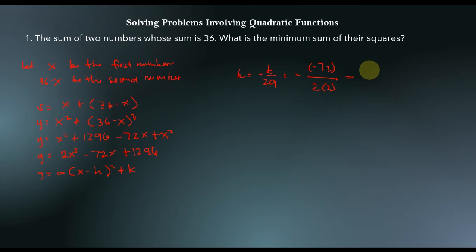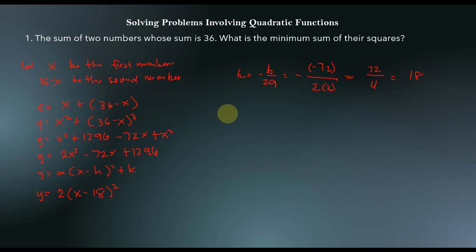So 72 over 4, dividing 72 by 4, you'll get 18. So there you go, we have 18 for h, and the value of a is 2, so y equals 2 times (x minus 18) squared.